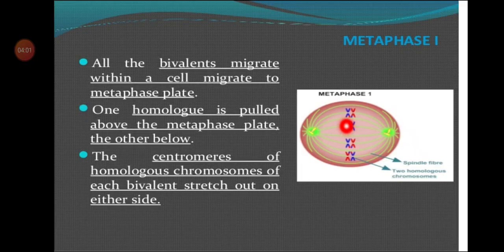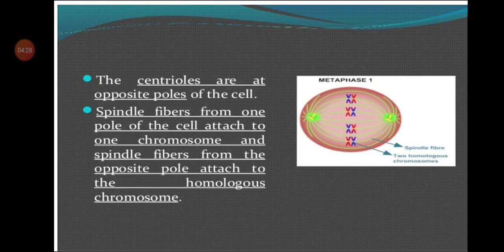The tetrads orient themselves on the equator in such a way that the centromeres of homologous tetrads lie towards the poles and the arms towards the equator. Due to increasing repulsive forces between homologous chromosomes, they are ready to separate from each other. That separation we will see in the next phase, that is known as anaphase 1.